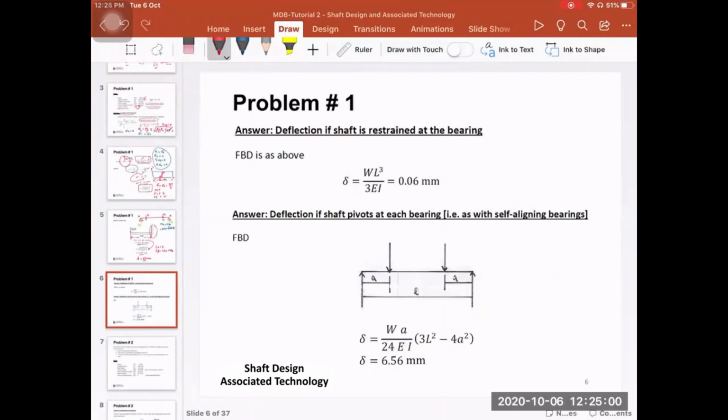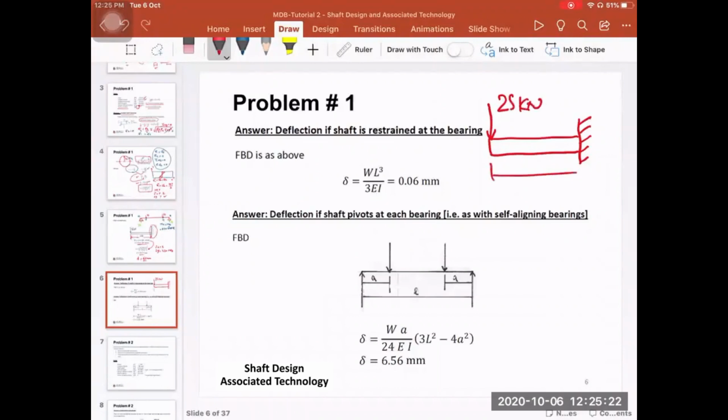So when the shaft is restrained at the bearings, okay, so we are going to treat the overhang portion as a cantilevered beam, okay? So this just means that you have here the force, the reaction force, 25 kilonewton.